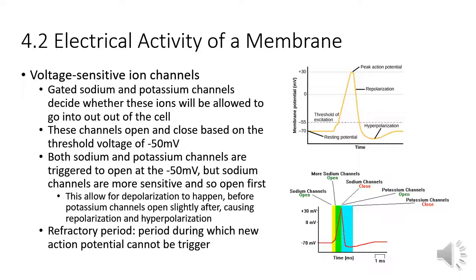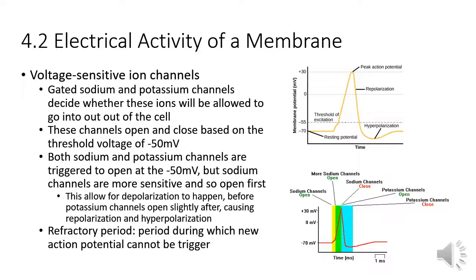Okay, so voltage-sensitive ion channels are a big part of the action potential as well. Those gated sodium and potassium channels decide whether those ions will be allowed to go in and out of the cell. When the action potential is happening, these channels open and close based on that threshold voltage of negative 50 millivolts.